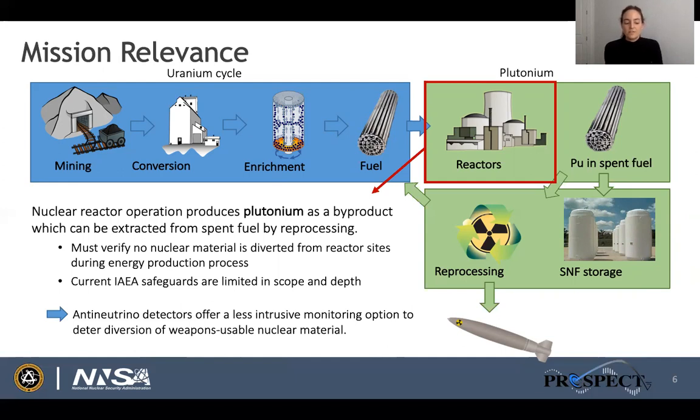Antineutrino detectors like PROSPECT offer a less intrusive monitoring option to deter weapons-usable nuclear material from being diverted clandestinely from nuclear reactors for weapons purposes, as long as we can make this accurate and timely flux measurement.